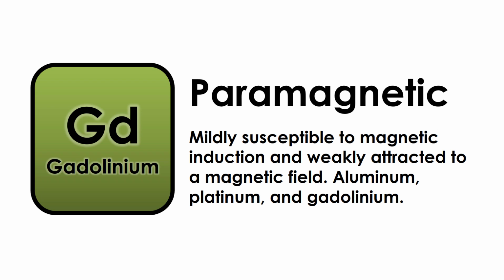Lots of materials fall into the paramagnetic category. This includes aluminum, platinum, gadolinium, and other materials. These materials are very important because these paramagnetic materials are the perfect type of matter to be used for MRI contrast agents. They only become magnetic when they're inside of a magnetic field.